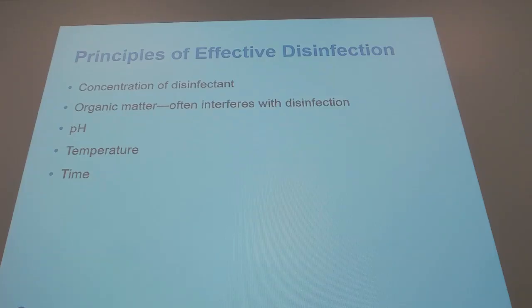In this case, we are talking about chemical disinfectants. The organic matter that can be found on the surface that you want to disinfect. The pH of this environment where the bacteria or the microbes are found. Temperature, if it's too high, too cold, or a right temperature. And then the time of exposure.